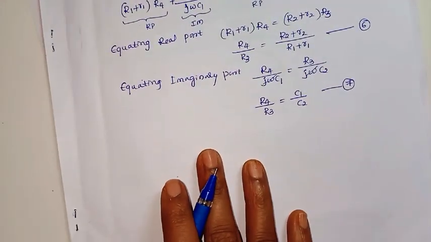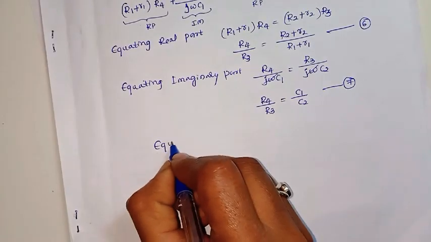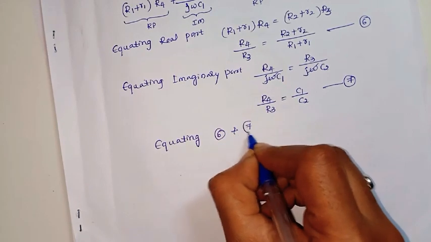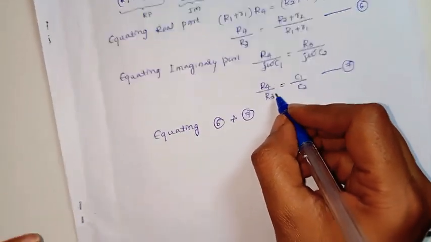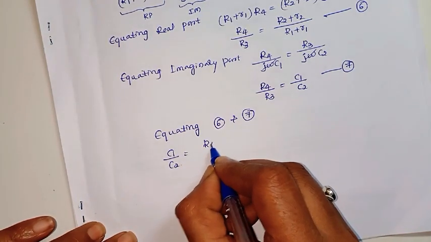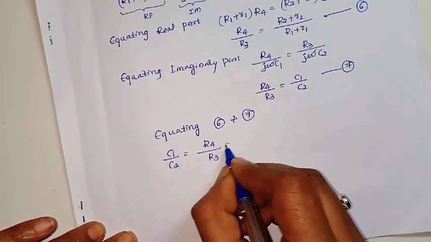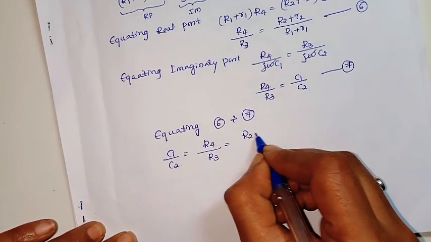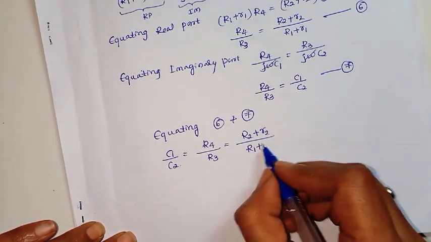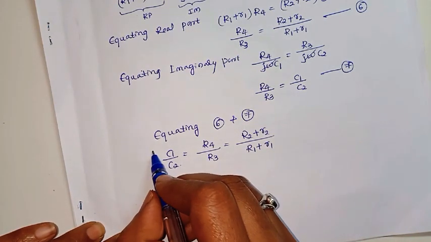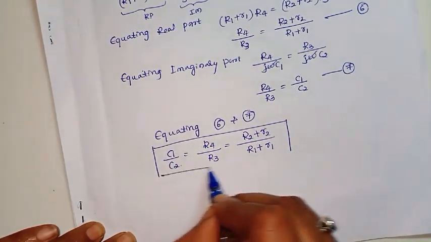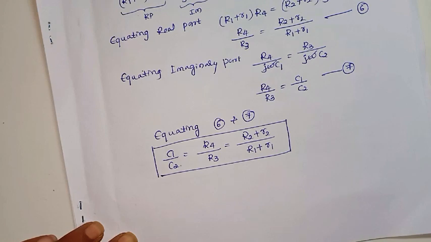Through this, now equating equation 6 and 7, we get C1 by C2. We can write that as R4 by R3, also R2 plus small r2 divided by capital R1 plus small r1, which is the equation of modified De Sauty's bridge.